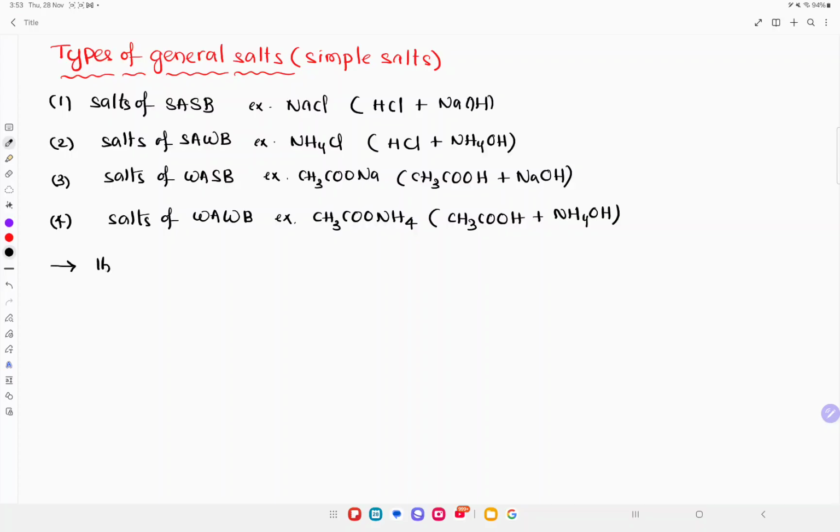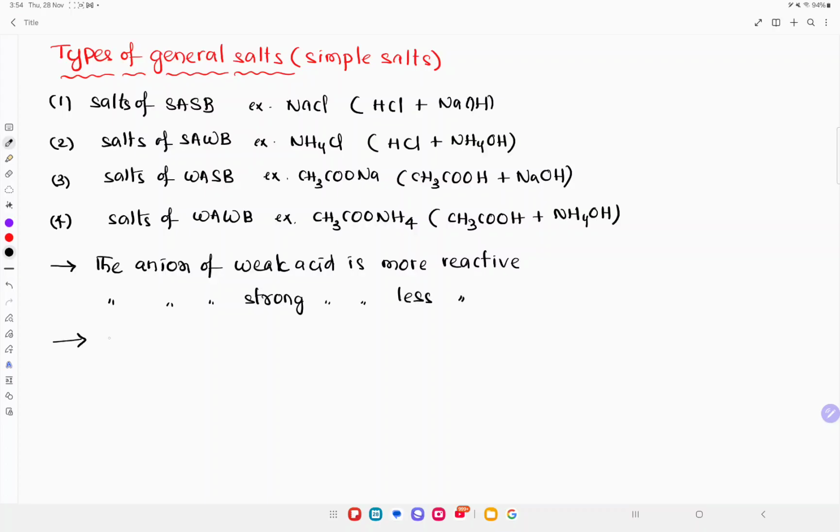The anion of a weak acid is more reactive. The anion of a strong acid is less reactive.